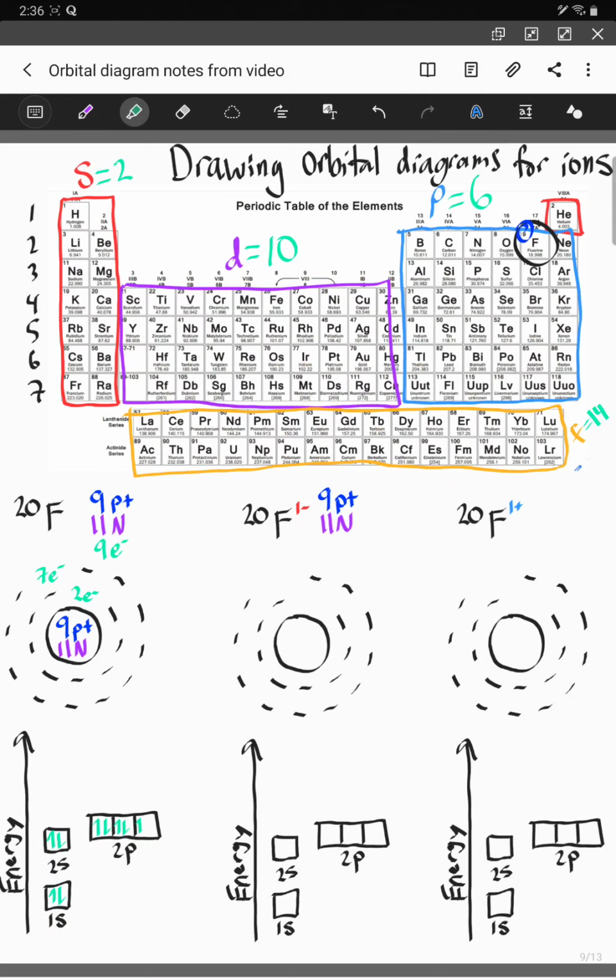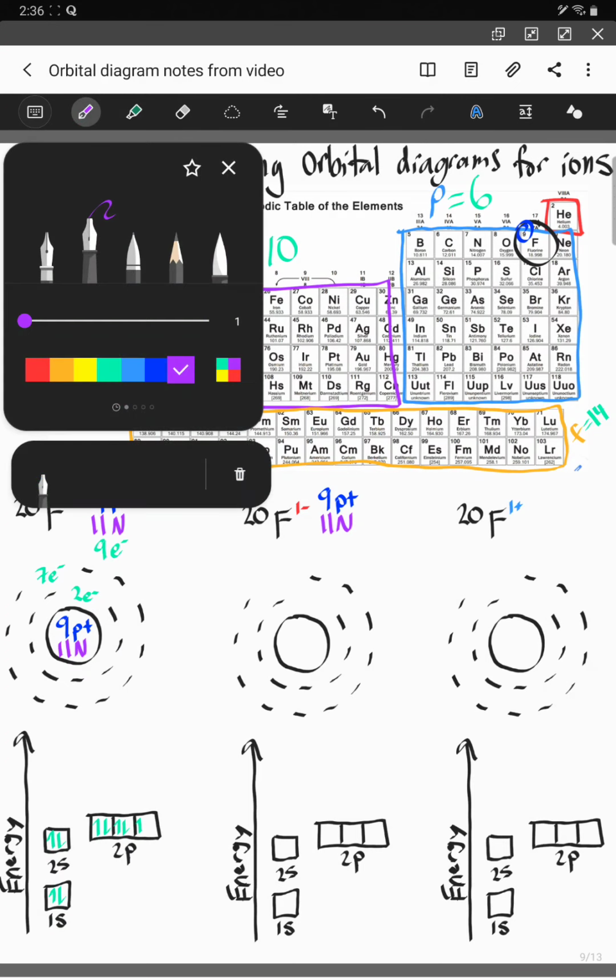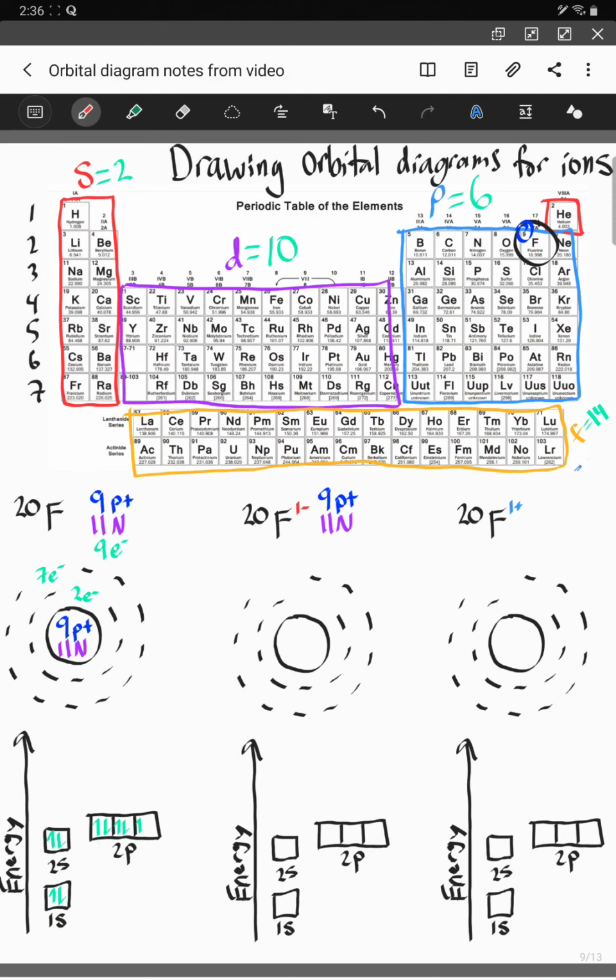And if we translate that into terms of protons and electrons, that means we have 1 more electron than we have protons. So the electron number is now just going to be 1 number greater than the number of protons. So the number of protons is 9. That means the number of electrons is 1 number greater than that. So we have 10 electrons for a fluorine with a -1 charge.